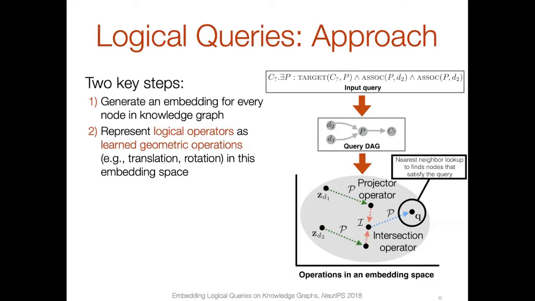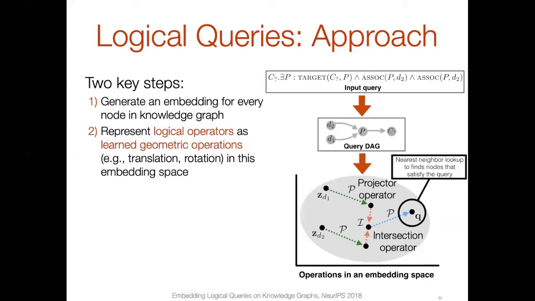But in very simple terms, at a high level, that means that we can effectively take a knowledge graph, learn a representation or embedding for every node in that knowledge graph, and then also learn what is the best representation or embedding of logical operators. So what is the representation of the logical AND operation?